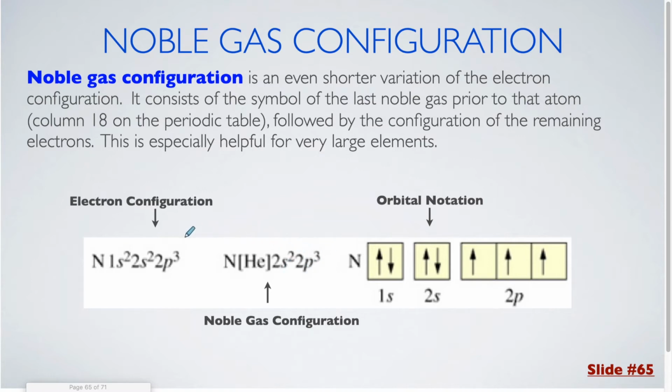Now you might be looking at these two different types of configurations and thinking to yourself that you didn't really save any time or space. For relatively small atoms, it's not really going to be that different, but when we get to larger atoms towards the bottom of the periodic table, it will save you a significant amount of both time and space.